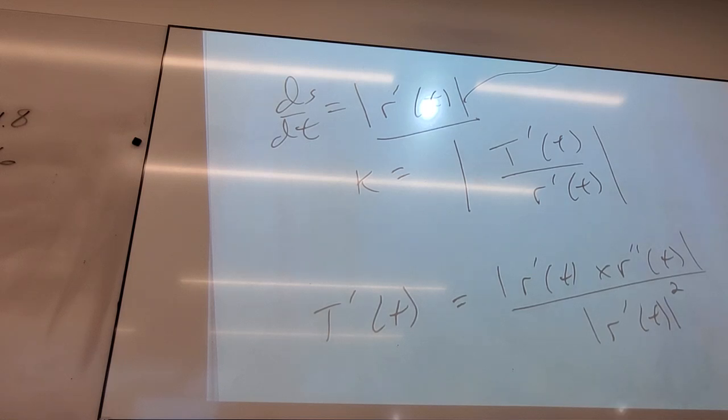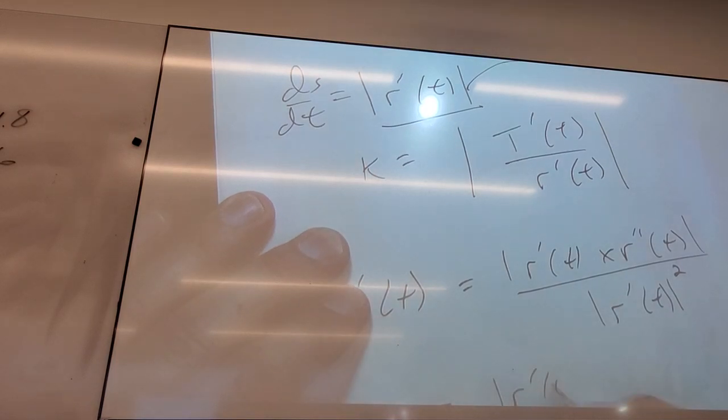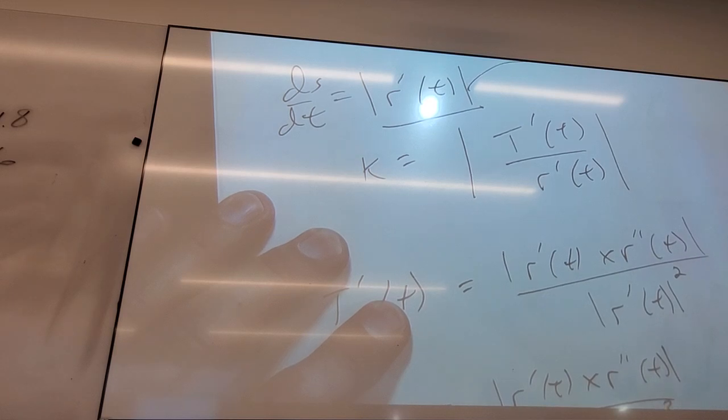We could do that, but I'm not going to put us through it. There's a proof on page 907 in the book. You could step through that if you'd like. So I could rewrite kappa as the length of r prime of t cross r double prime of t divided by the length of r prime of t cubed.